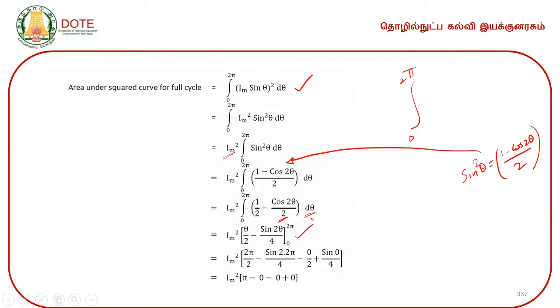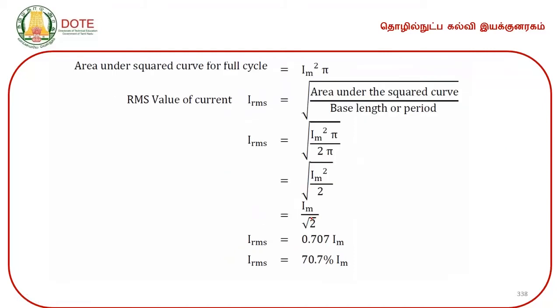Then applying the limits we get Im square into pi. Then IRMS is equal to the area under the squared curve divided by base length or period, which is given by Im square pi divided by 2 pi, which is equal to Im by root 2. We can say IRMS, that is the root mean square value, is equal to 0.707 into Im, where Im is the peak value of the alternating current.